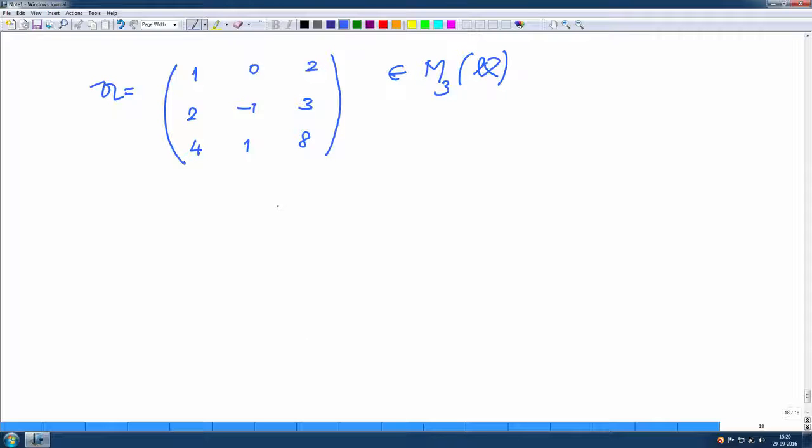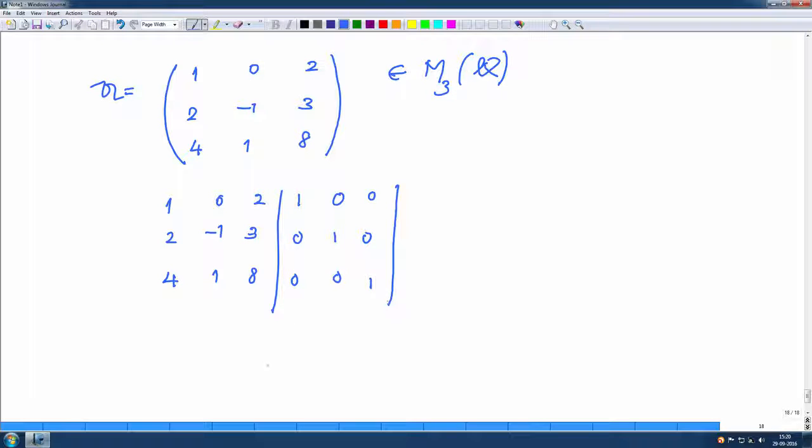So what we usually do is, on this side you write this matrix 1 2 4, 0 minus 1 1, 2 3 8, and here you write the identity matrix, and start making operations here, and then you do the corresponding operations here, and then this becomes the identity and this becomes the inverse.